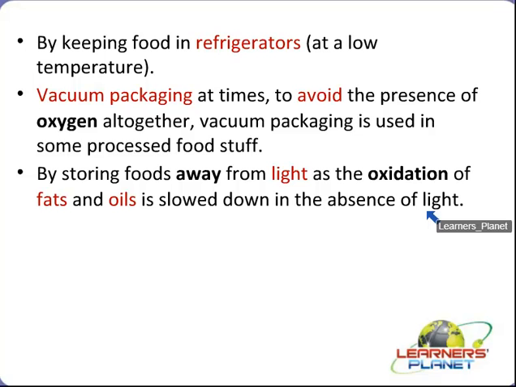So this concludes the topic of chemical reactions and equations. In this topic we dealt with physical change and chemical change. Moving on to what a chemical reaction is. Then we discussed the features of chemical reactions, that is how you can get to know about chemical reactions by evolution of gas, by change in color, by precipitation, or by change in state of matter.